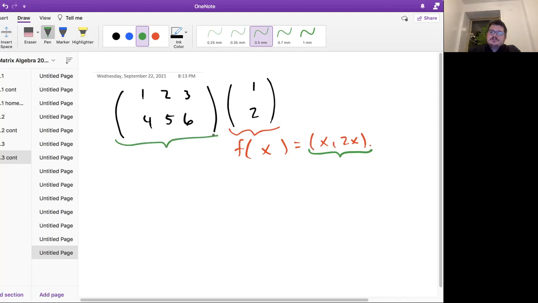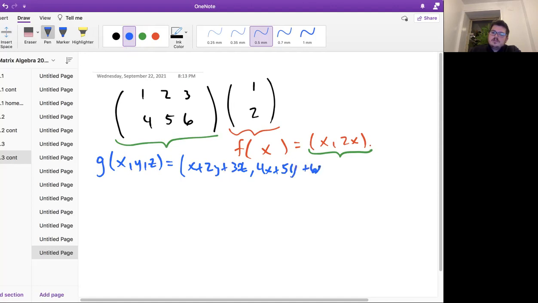Now, what does this one do? How many variables are there? Inputs 3 and outputs 2. So is this composable?